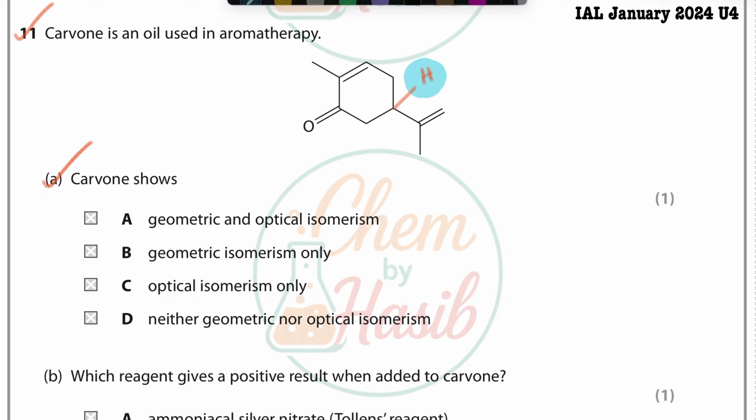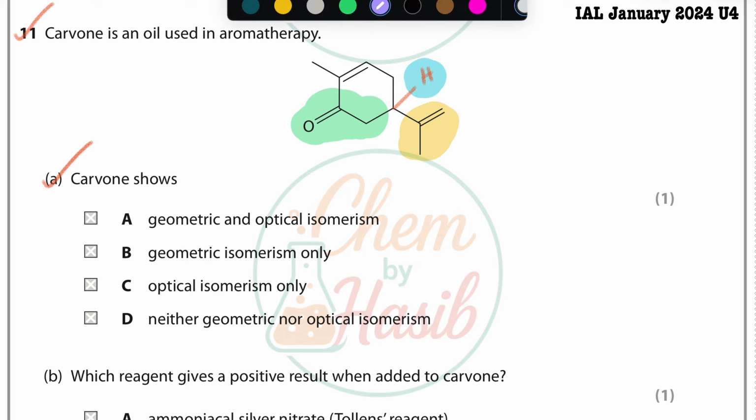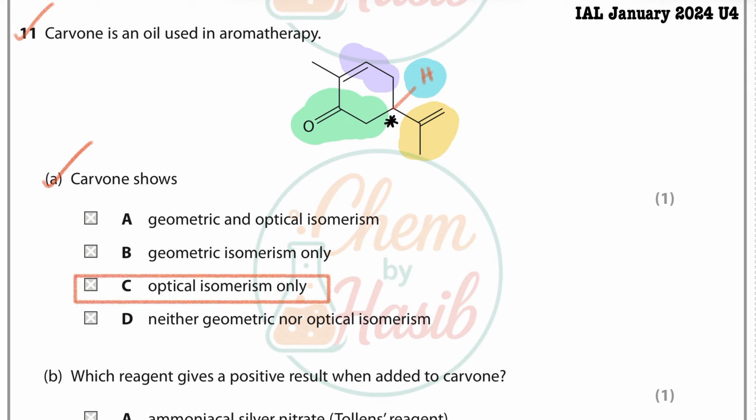That's one group, that's the second group, that's the third group, and that's the fourth group. So this carbon atom that you see is the chiral center. So the answer to question number 11A will be C. C will be the answer.